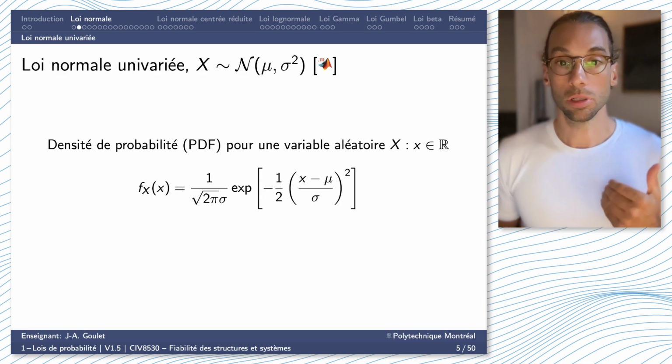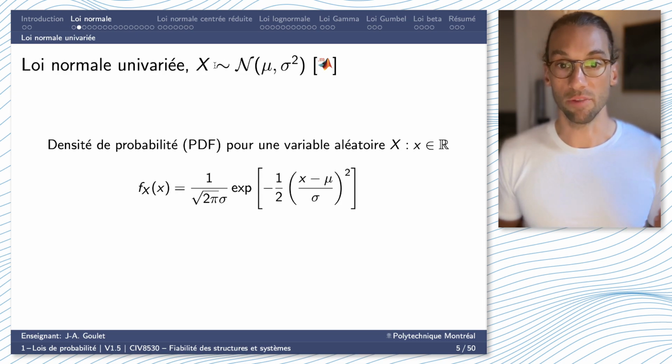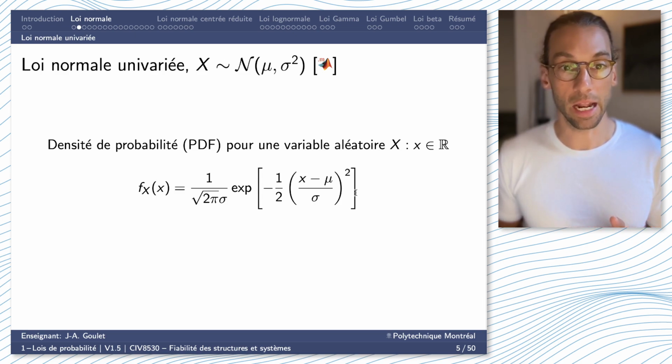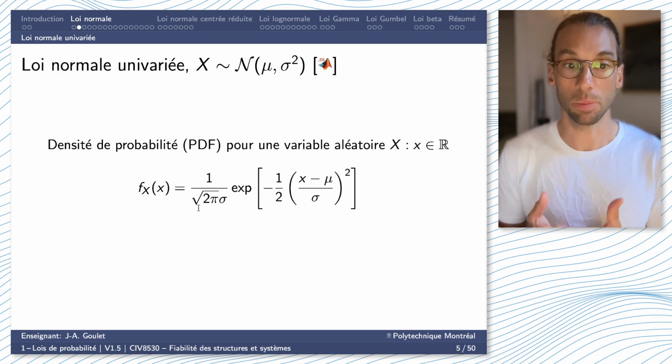So first, the Gaussian or normal distribution. We're going to say that X, a random variable because it's capital, is distributed like a normal distribution with parameters mu and sigma, just as we saw before. This is the analytical expression for the Gaussian probability density function, PDF.